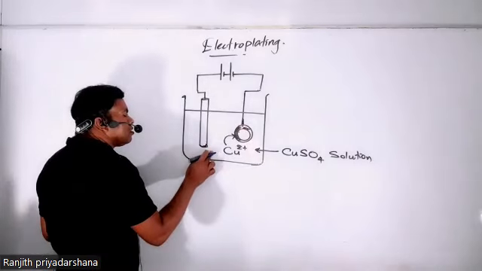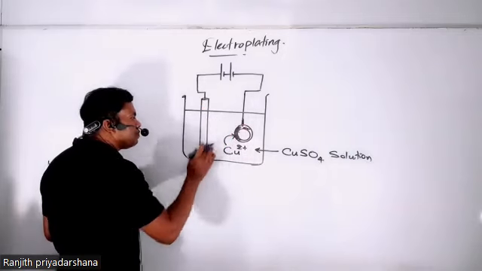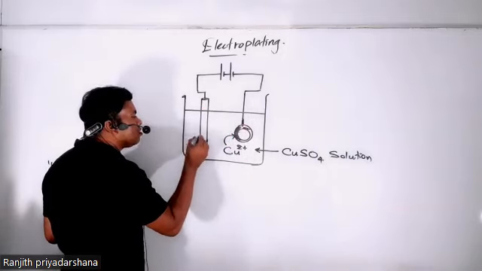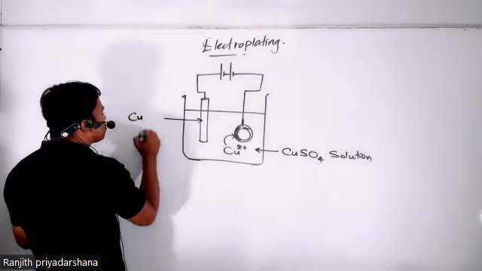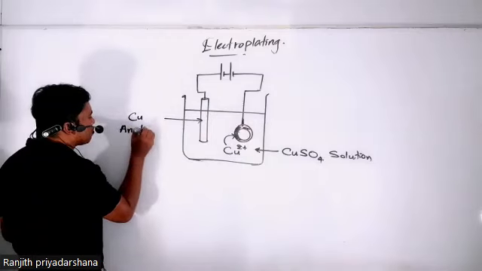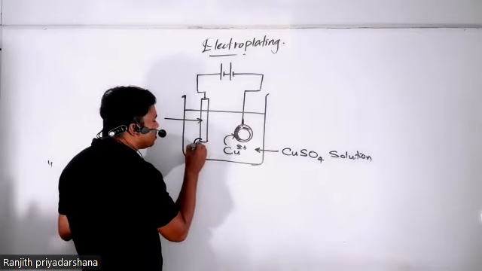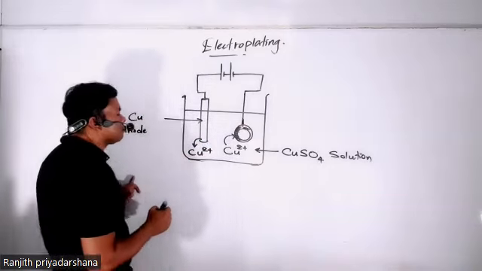And now what happens to the copper ion level in the solution? It decreases. Therefore, we have to supply copper to the solution. So this is a copper rod, the copper anode. What happens when this happens? Cu2 plus ions are generated.